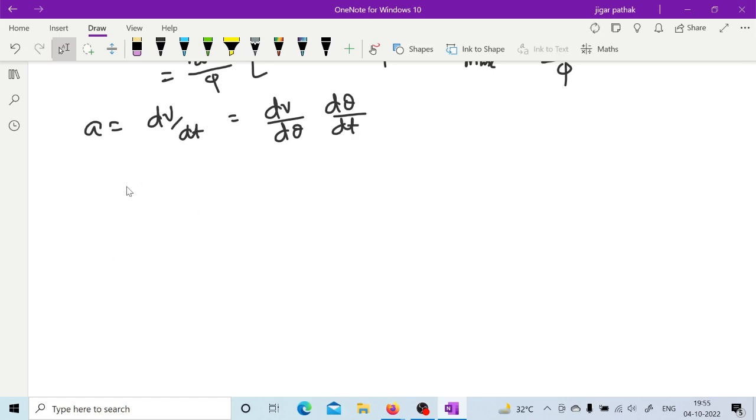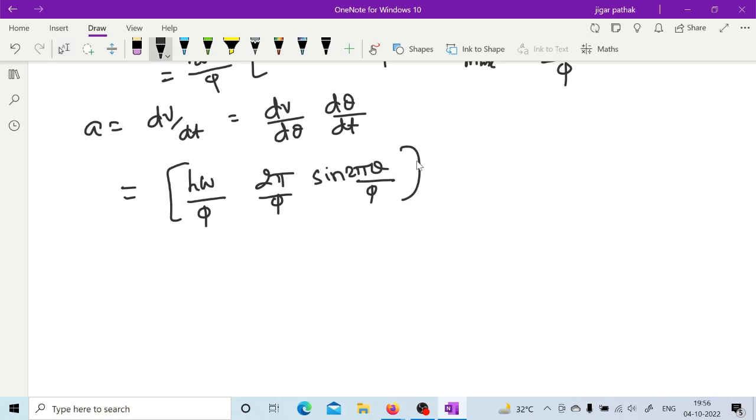So here if you go for dv by d theta, then it will be h omega by phi into 2 pi by phi sine 2 pi theta by phi, and again d theta by dt will be omega. So if you further simplify it, then it will be 2 pi h omega square upon phi square into sine 2 pi theta upon phi, right?